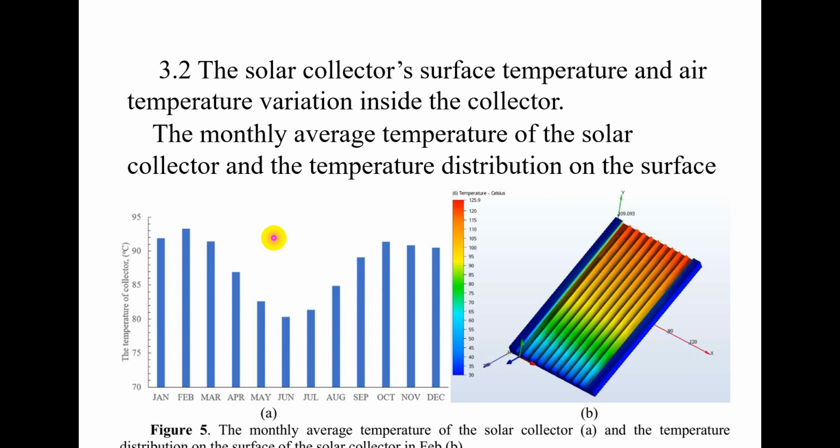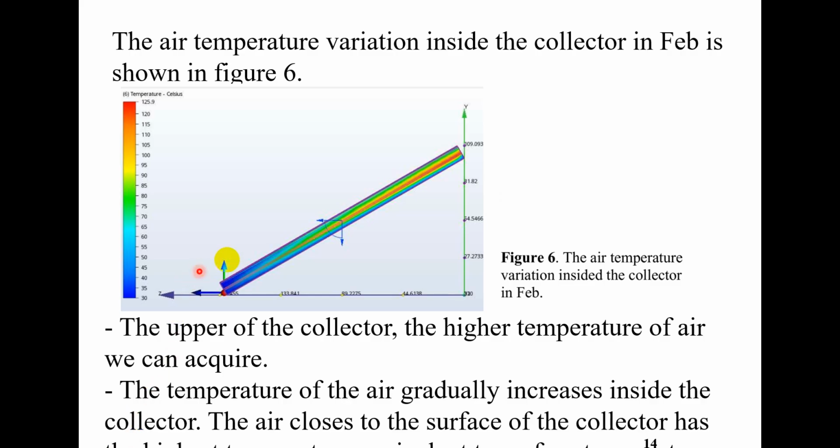We also investigate the solar collector temperature, and you can see the highest solar radiation results in a high surface temperature of the collector, and the lowest occurs in June.